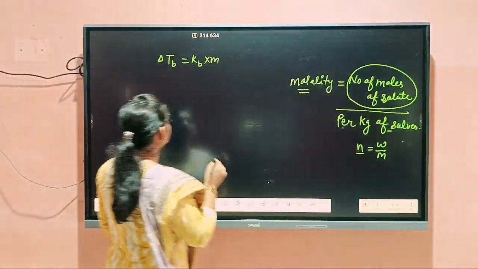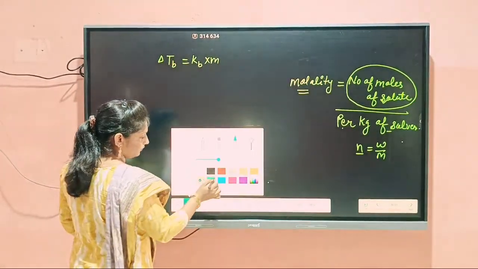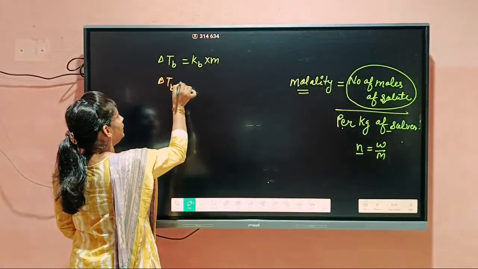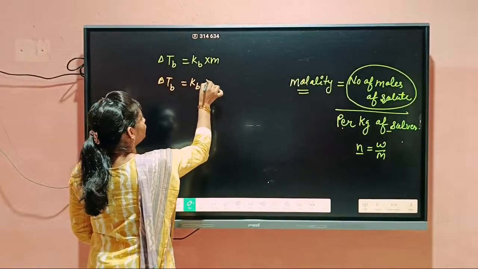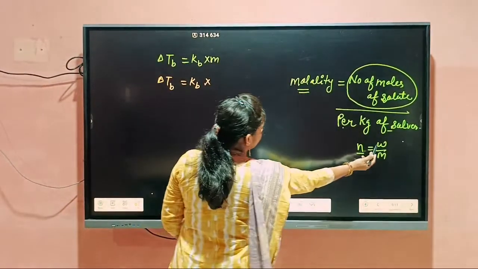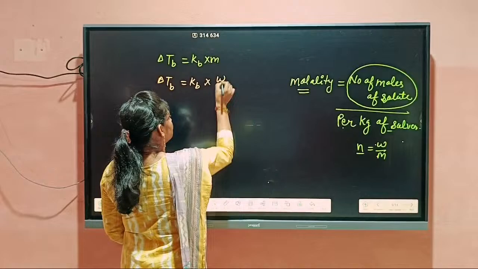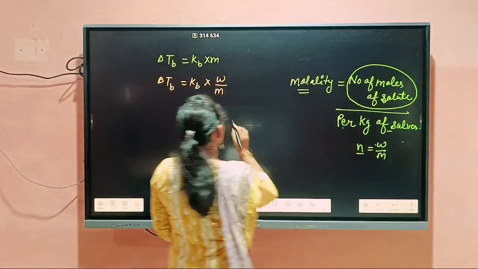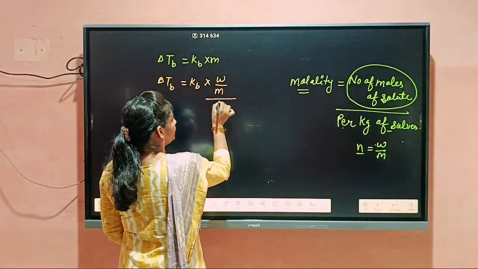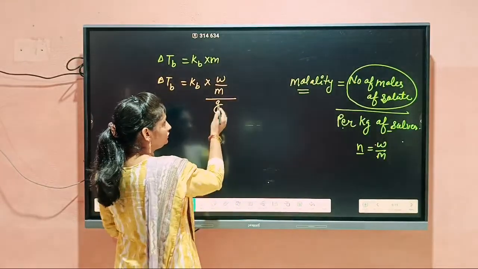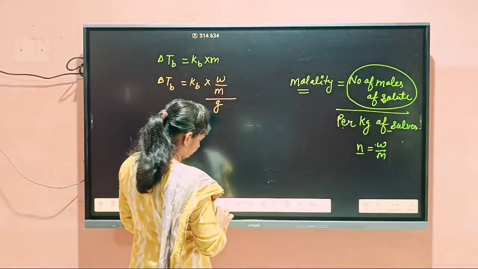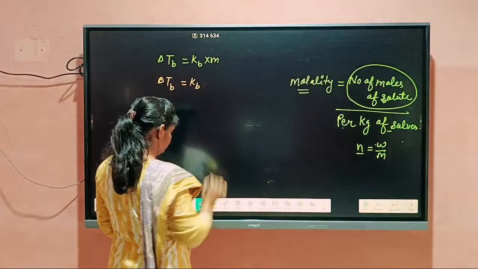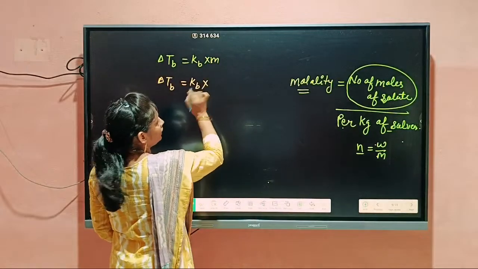So students, I can write it in this way. Delta Tb is equal to Kb into molality, which is given weight by molecular weight divided by per kg of solvent. If solvent is given in gram, then given weight of the solvent divided by 1000.